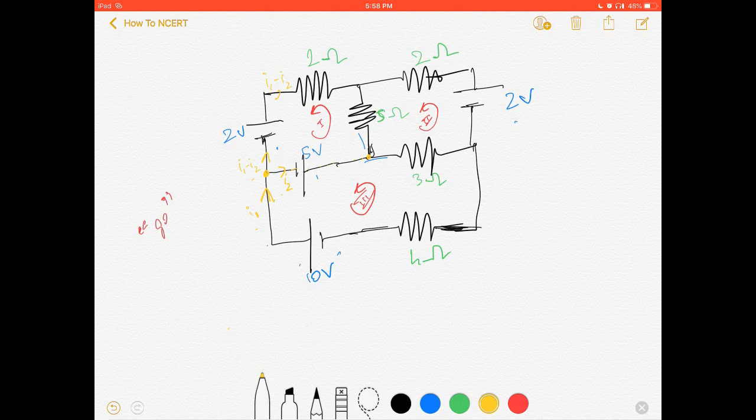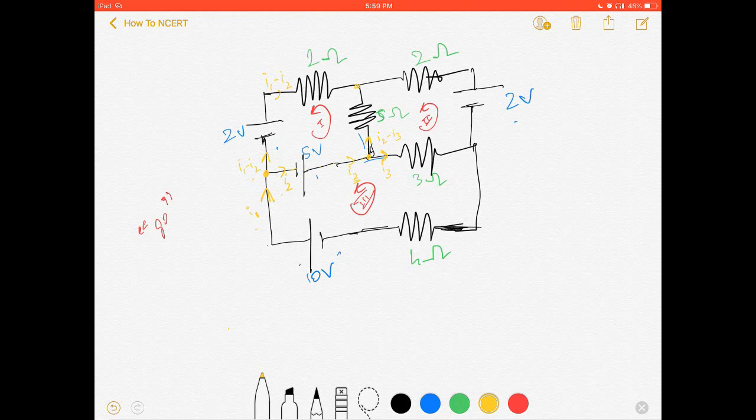So I'm going to take a third variable for my current and call it I3. Then according to Kirchhoff's first law, my current over here is going to be I2 minus I3, and I2 minus I3 plus I3 is I2.